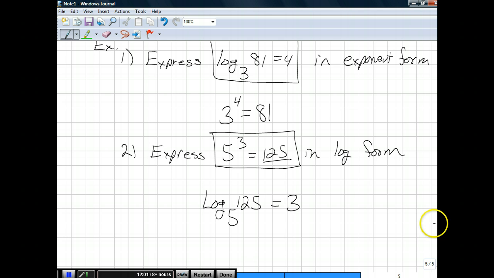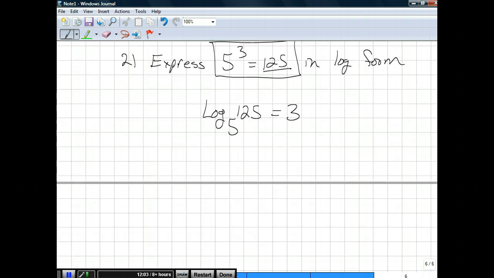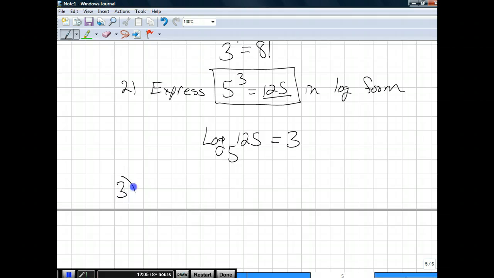Okay. Now, we also want to be able to what's called evaluate logs. In other words, what is the log equal to? Okay, so evaluate log base 2 of 0.125.